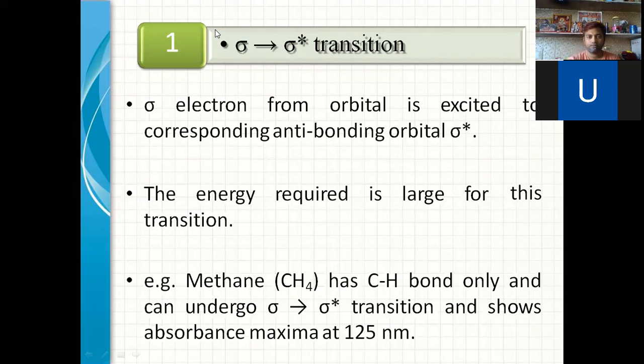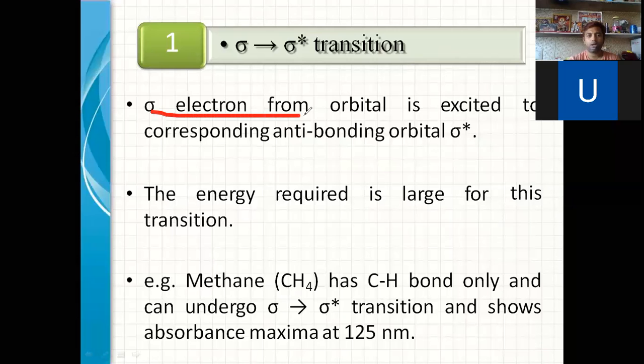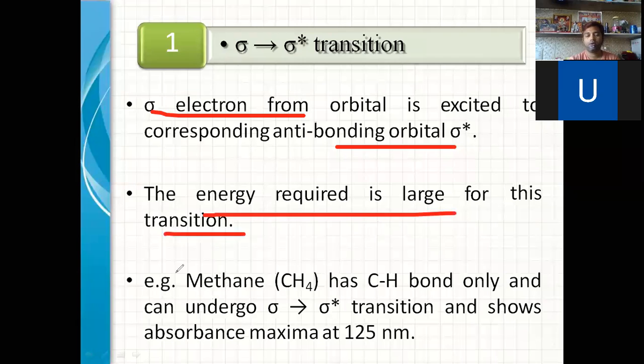In this case, sigma electrons get excited to sigma anti-bonding orbitals. The energy required is very large. For example, in methane, there are only carbon hydrogen bonds, and it can undergo sigma to sigma star transitions because only sigma electrons are present.